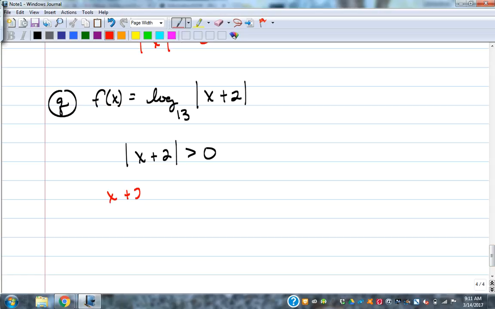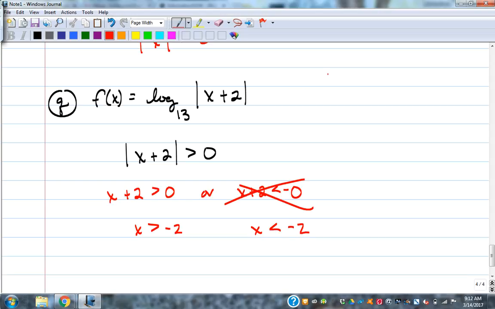It's x plus 2 is greater than 0, or x plus 2 is less than 0. Technically, it's supposed to be -0, but that doesn't exist. So we just know it's got to be greater than. And technically, x is less than, not equal to, but less than -2 as well.